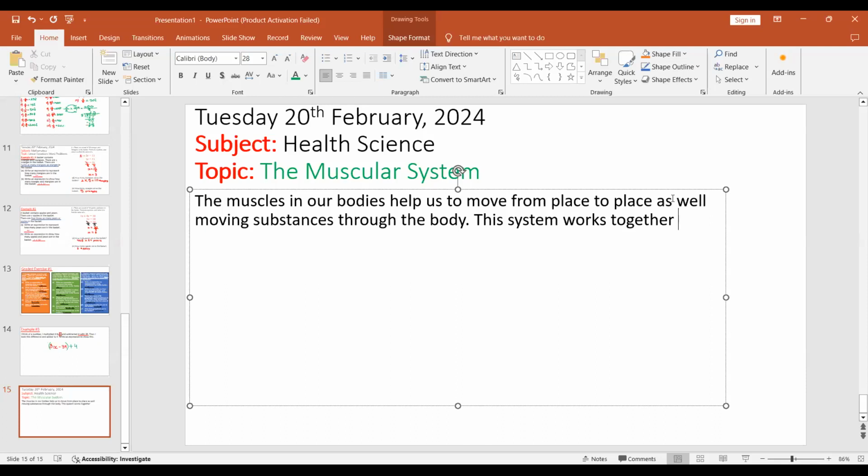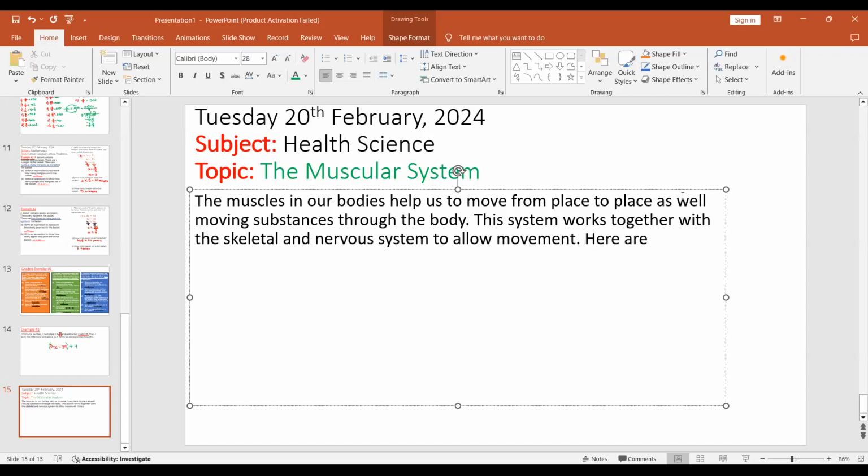So this system works together, in concert or in unison, with the skeletal and nervous system to allow movement.